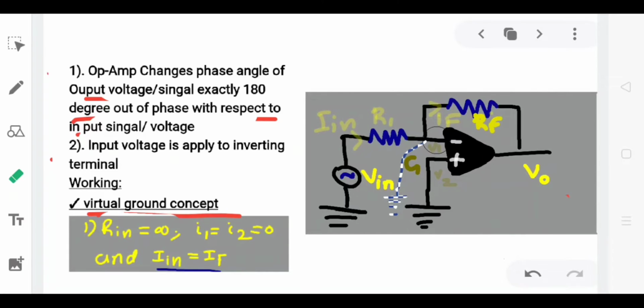The current I1 passing through the inverting terminal and I2 passing through the non-inverting terminal are both 0 because the input resistance is infinity. Means no current passes through the inverting and non-inverting terminals, only through the feedback resistor. That current is IF. Means the input current IN is equal to the feedback current IF.